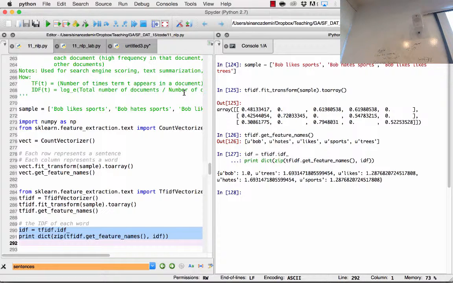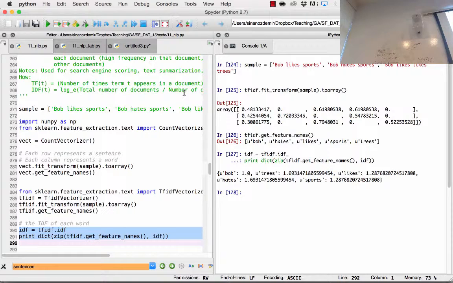So let's say there are 10,000 documents total, and 1,000 documents with the word cat in it. So of the 10,000, 1,000 of them have the word cat. So we'll divide those two numbers, 10,000 divided by 1,000, which is 10, and then we take the log of that number.